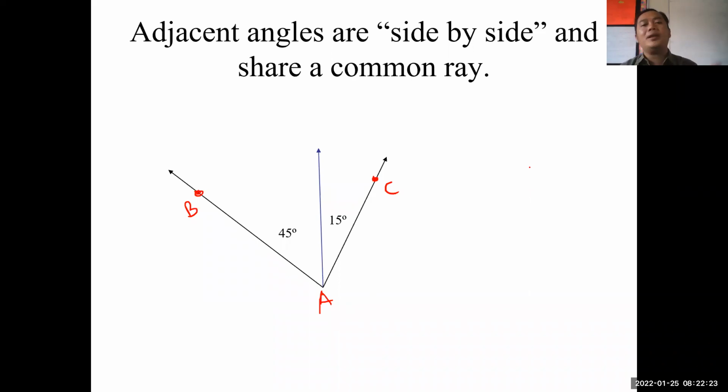It can be equal parts, it can be different sizes of angles, it can be anything. But if we divide this into two or more parts from these rays AB and AC, then we call it adjacent angles. These two angles, we call them adjacent angles because they share a common ray.